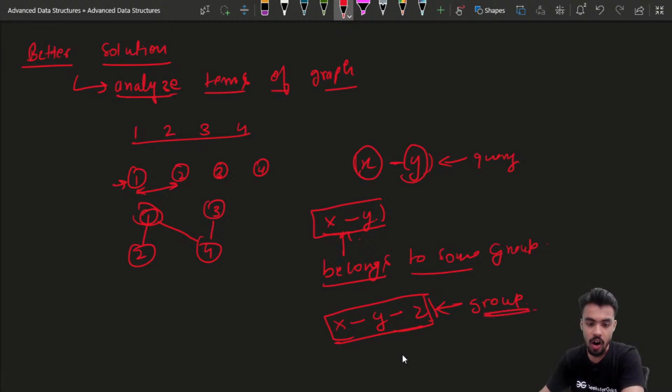So how am I going to identify a particular group? We have to have some name for that particular group, or say some representation, or say some representative.